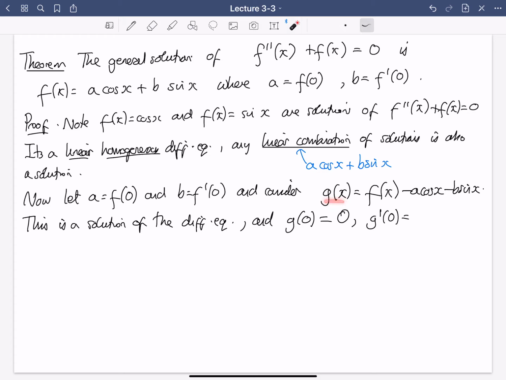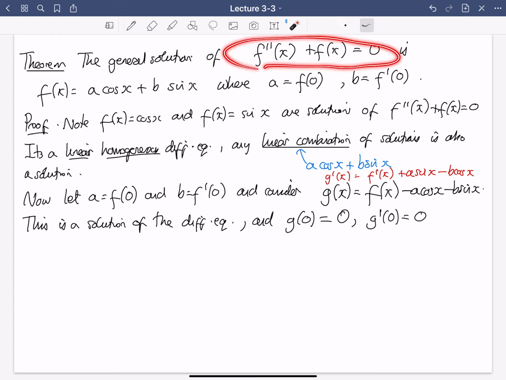Well, g prime is f prime of x, differentiating, plus a sine x minus b cos x. And when I plug in 0, that's f prime of 0, which is what I'm calling b. Sine of 0 is 0, cos of 0 is 1. It's b minus b. Okay, so g has these properties: g is a solution of this differential equation, and g of 0 and g prime of 0 are both 0.